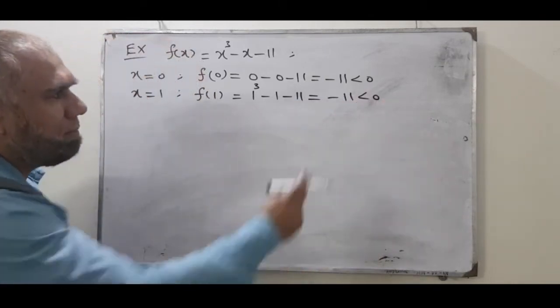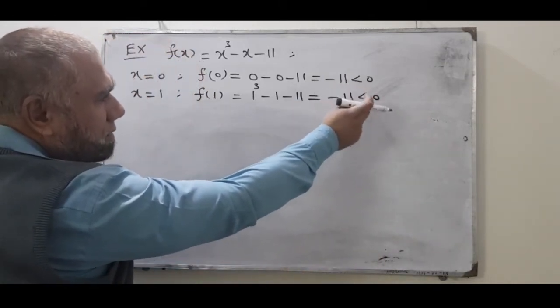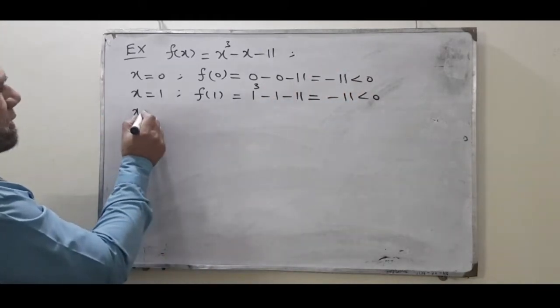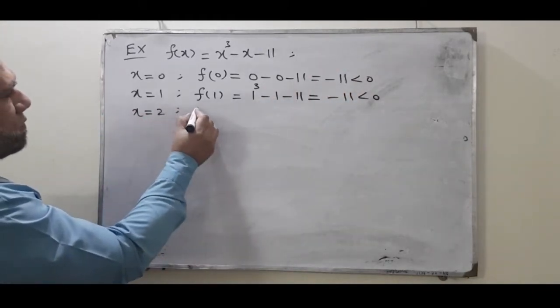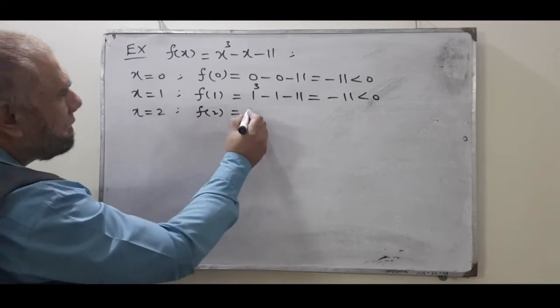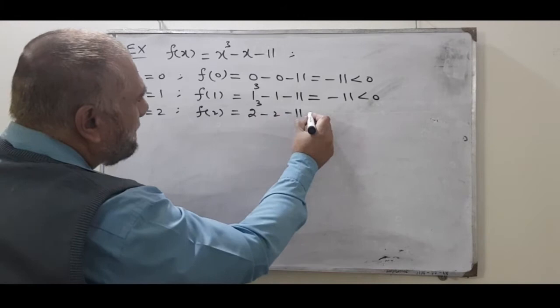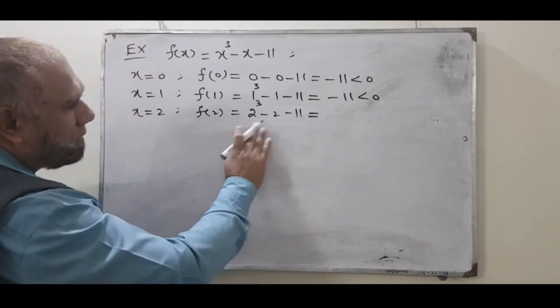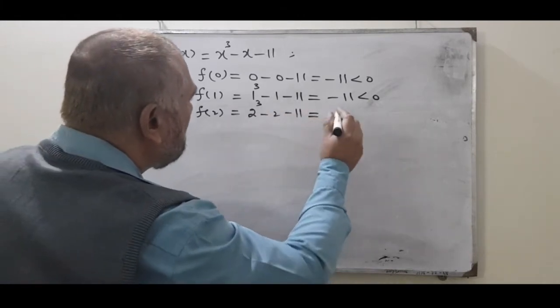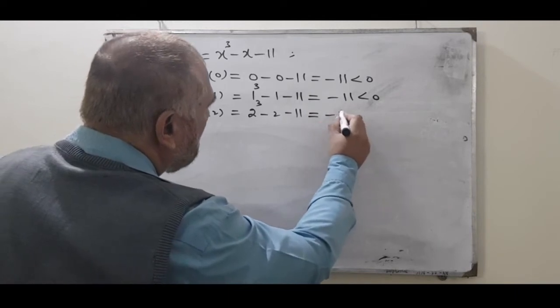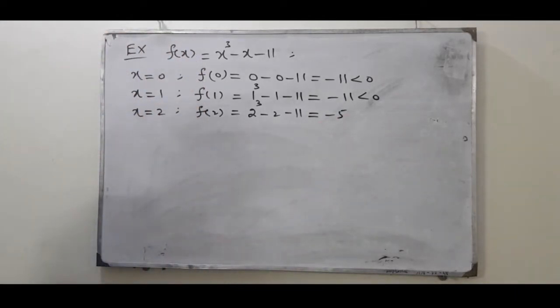So still you can see the sign is the same. And if I assign x equals 2, here we get 2 cubed minus 2 minus 11. So 8 minus 2 is 6, and 6 minus 11, how much is it? Minus 5. Okay.